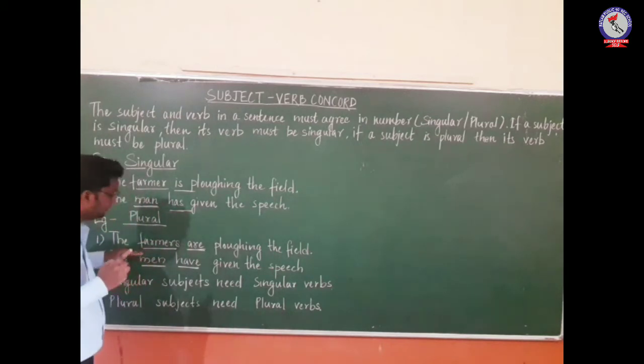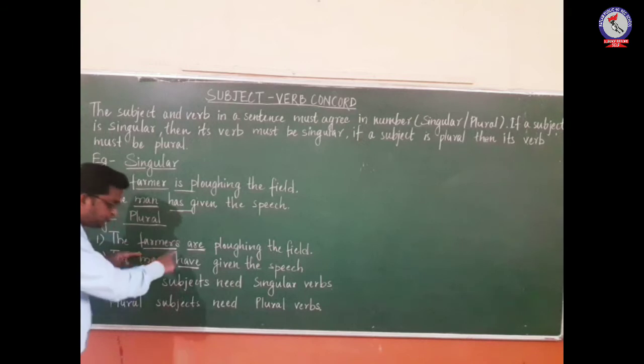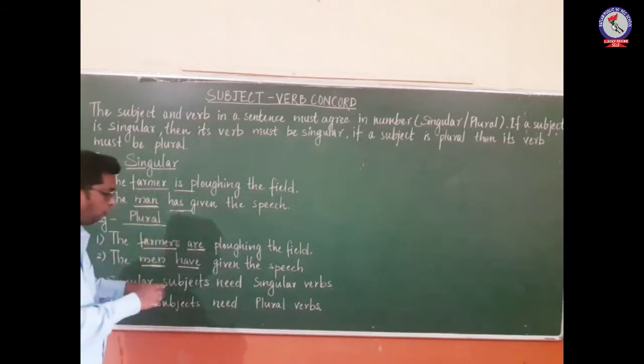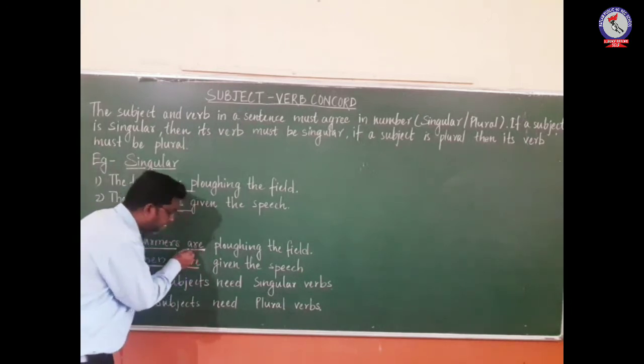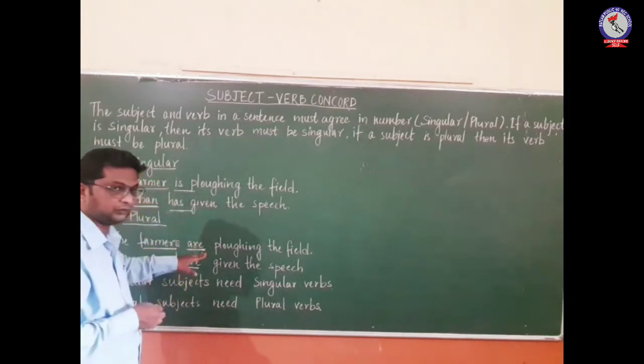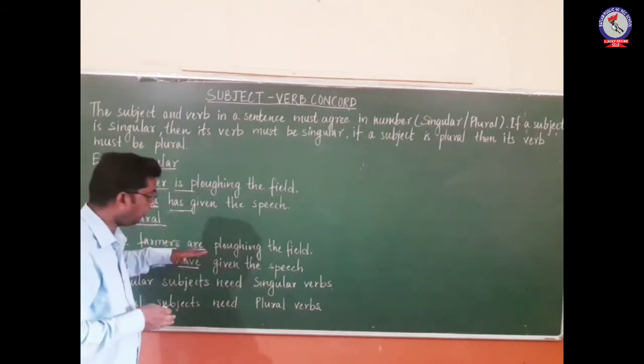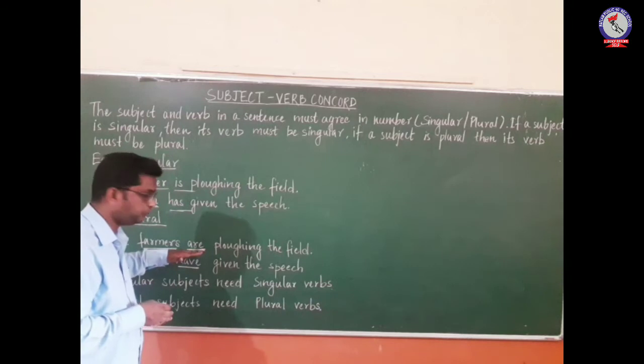But in the plural number, it is changed. Farmers, the subject, is plural. Therefore, the verb will also be plural. If the subject is plural, the verb of the sentence will be plural.